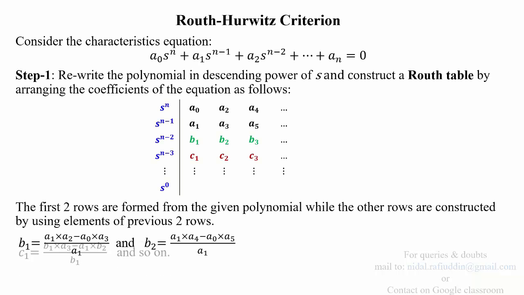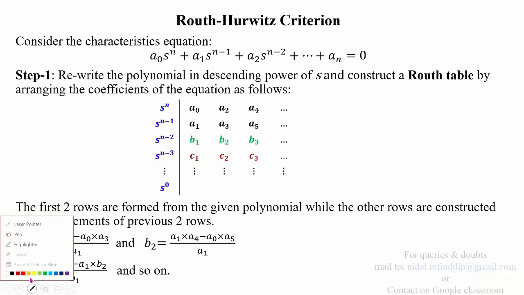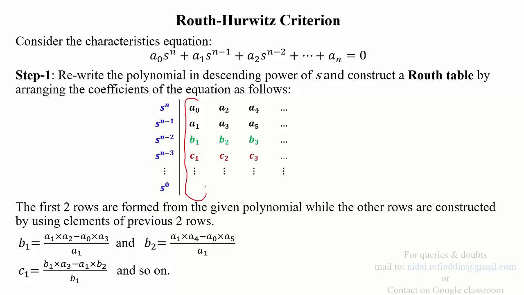So if you talk about this particular table, after populating this table, you will have to observe the first column of the table. You will have to look for the sign changes. For example, if a0 was, let's say, 5, a1 was 2, and you evaluated b1 as 3, c1 came out to be 1, and so on.